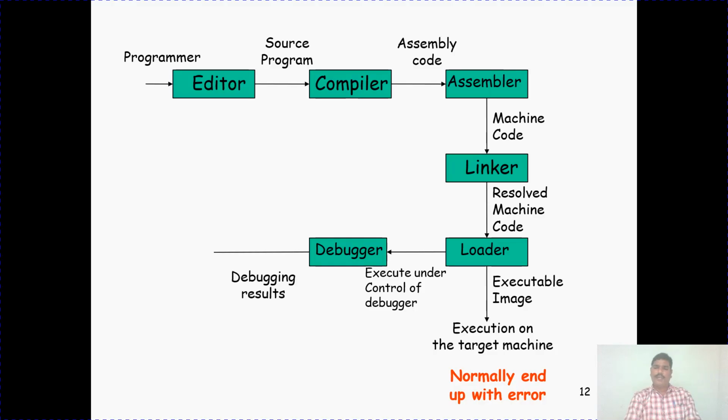There are two types of errors that occur in execution. The debugger is a software program that removes the bugs or errors. After the loading concepts are completed, the program executes and shows errors, and these errors are removed by the debugger.